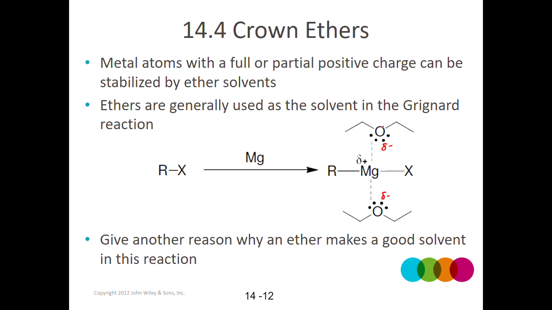It helps to keep everything dissolved in solution, and it helps to allow the carbon to pull the electrons away from the magnesium, because the magnesium already has these other electrons forming attractions to it, and that makes the carbon much more likely to use that pair of electrons as a nucleophile to attack and form a new bond with some electrophile.